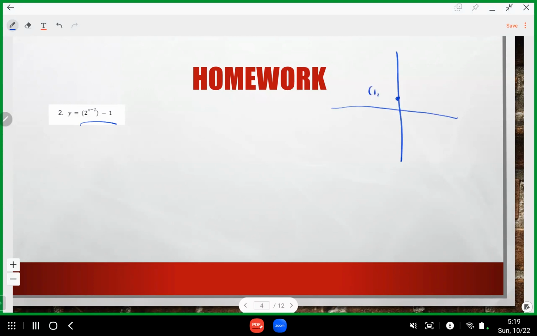This is 0, 1 here, and this is the reference graph with the horizontal asymptote in the x-axis, something like this, right? So we know it's going to be looking something like that, right? Okay, so we have a couple of transformations here. Number one, shift it to the right by 2 units and down by 1 unit.